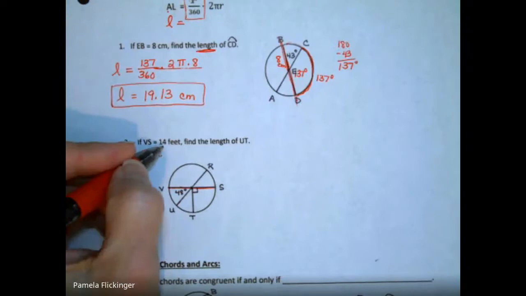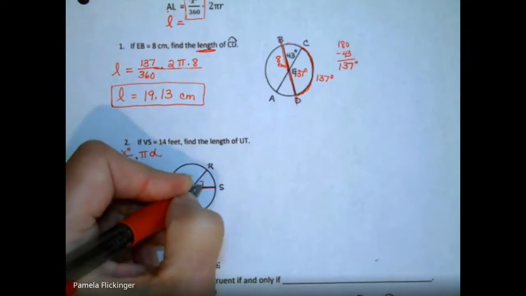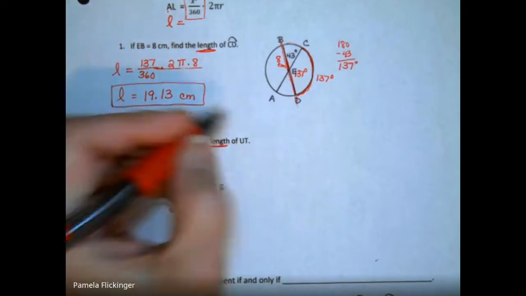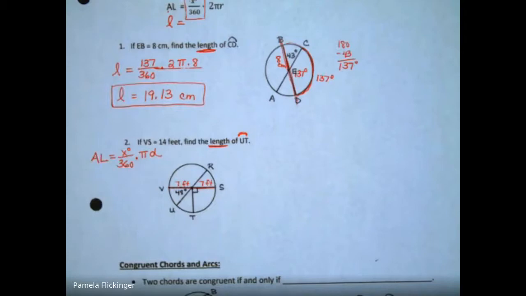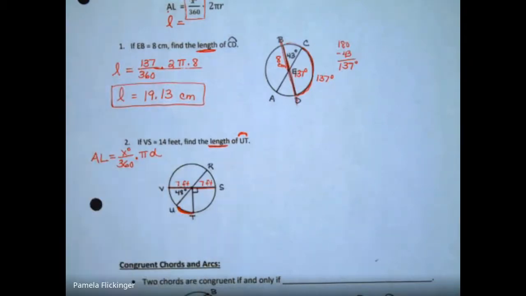Or you could split the 14 and know that we got 7 feet and 7 feet on each side. It's up to you. All right, but it wants the length of, and I'm missing my arc there. There should be an arc. So it wants the length of arc UT.